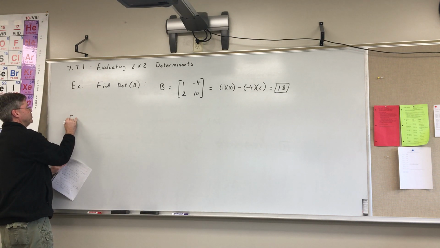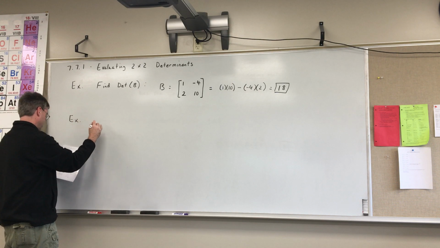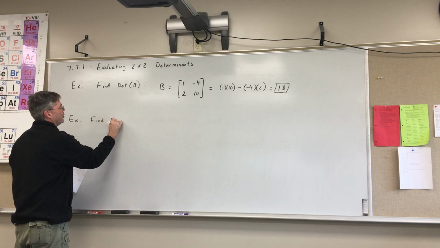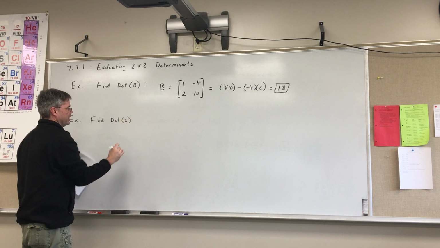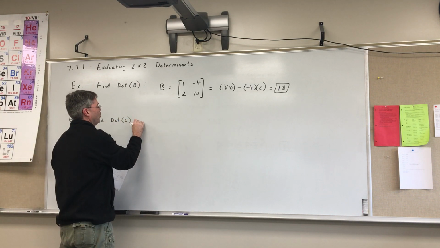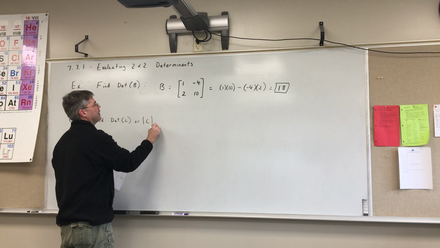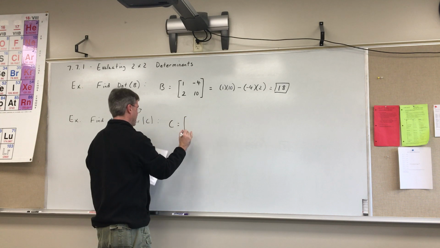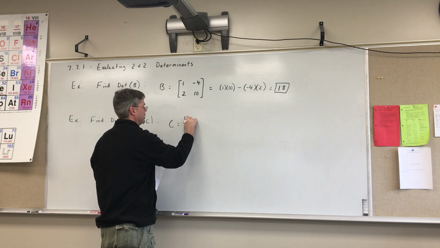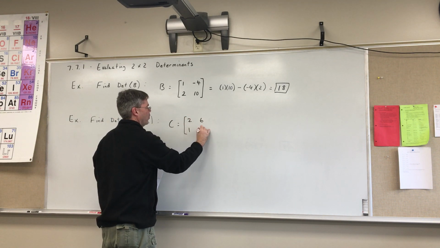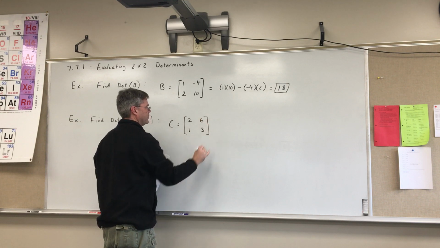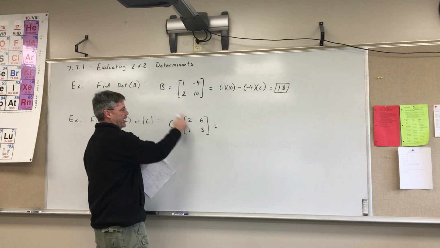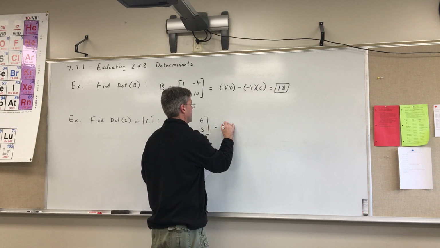Let's do one more 2 by 2 example. This is a special matrix. We want to find the determinant of matrix C, or you could write it like that, where matrix C is equal to 2, 6, 1, 3. Okay, so the determinant is going to be the left diagonal, 2 times 3.